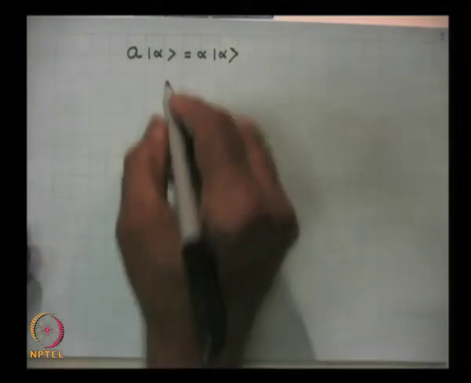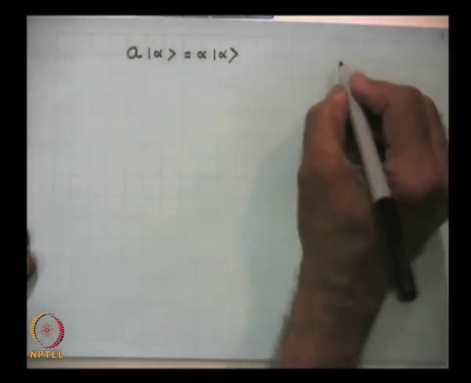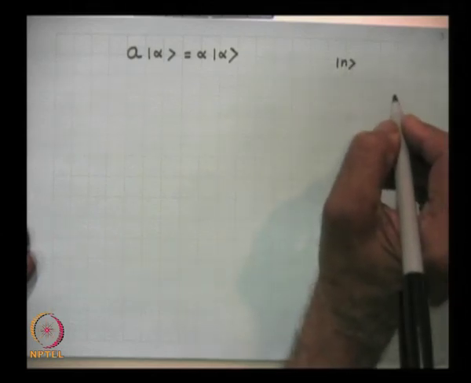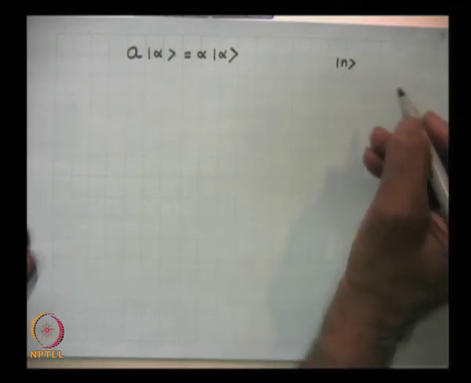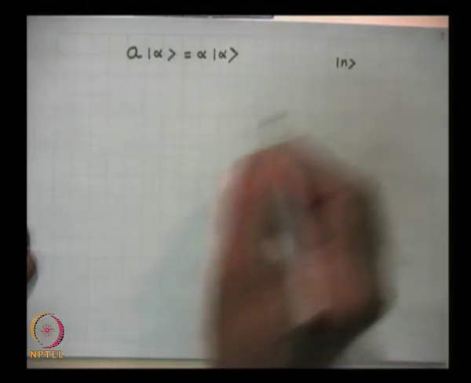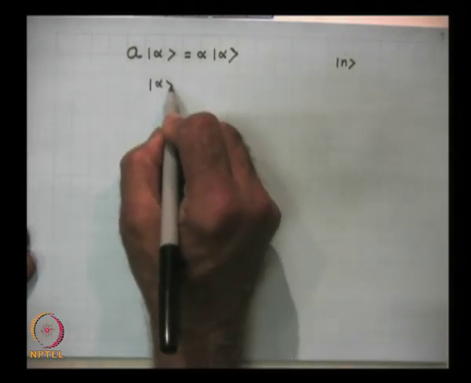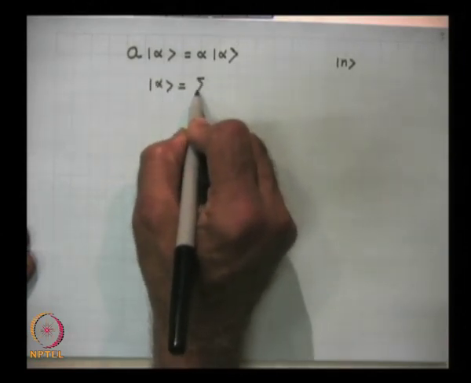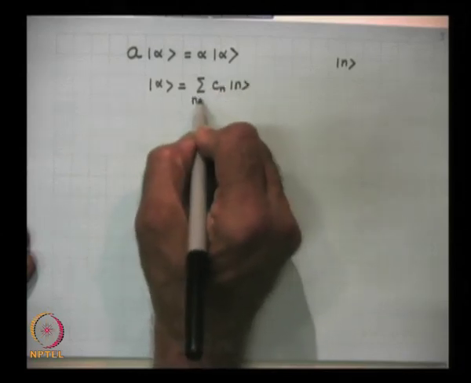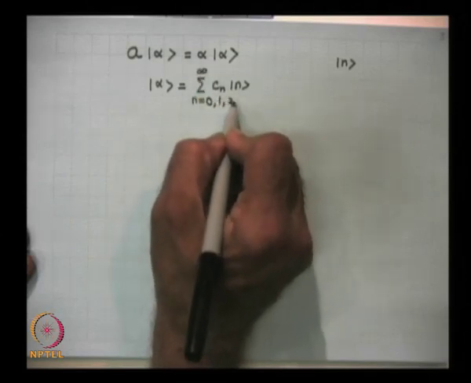The kets n, the eigenkets of the operator H, form a complete set of orthonormal functions. So, any ket in the space can be expanded in terms of the eigenkets of the Hamiltonian, summation C n ket n, where n goes from 0 to infinity.